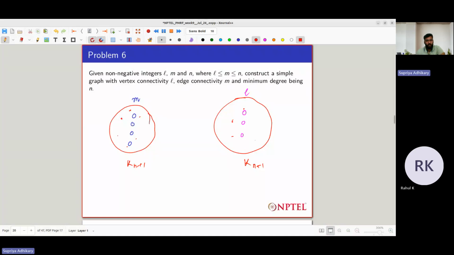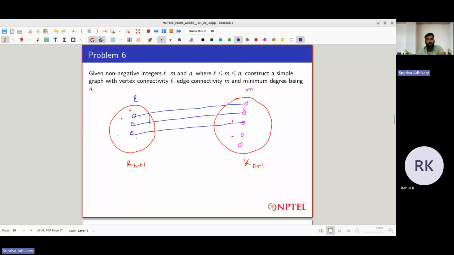Now first we connect it like this. We take L many vertices over here and M many over here. We can take the other way around, but still. Now we connect these L many vertices with these M many vertices.